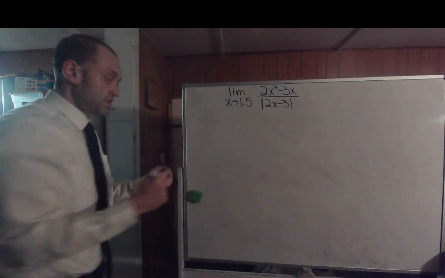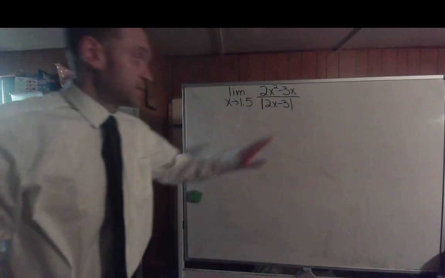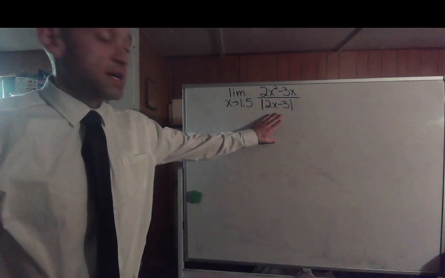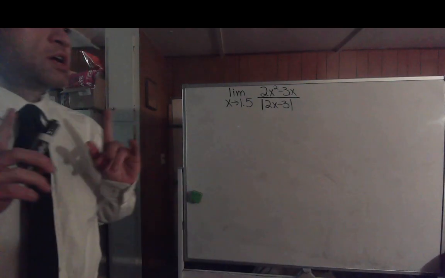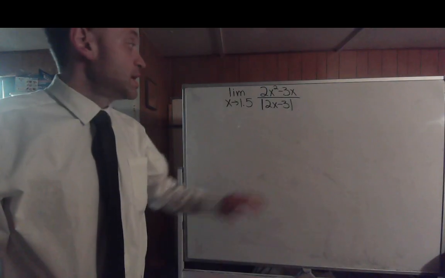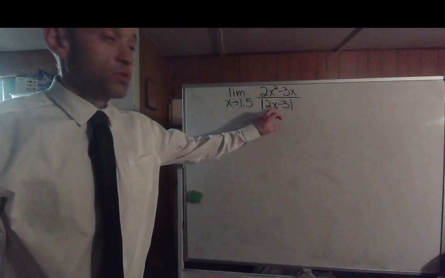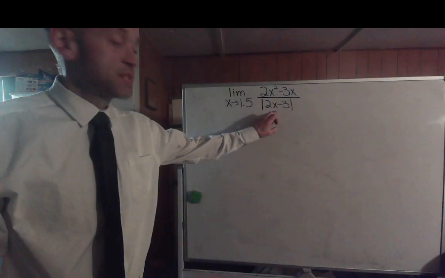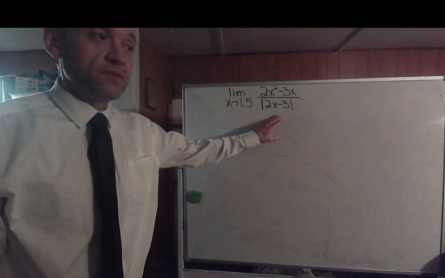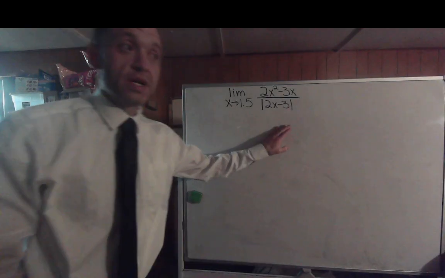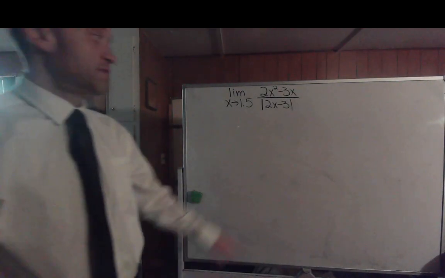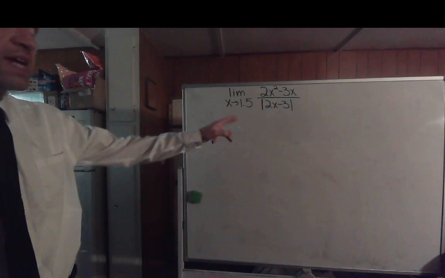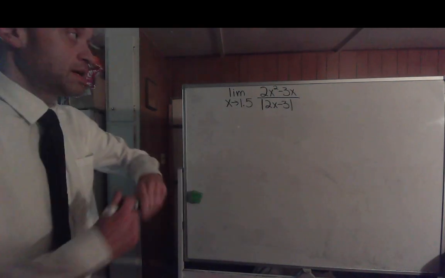So notice that this time the absolute value is in the denominator. Well, first thing you want to do is set this 2x minus 3 equal to 0, solve for x and figure out your breaking point, because we're going to have to define a piecewise function for this absolute value function in the denominator.